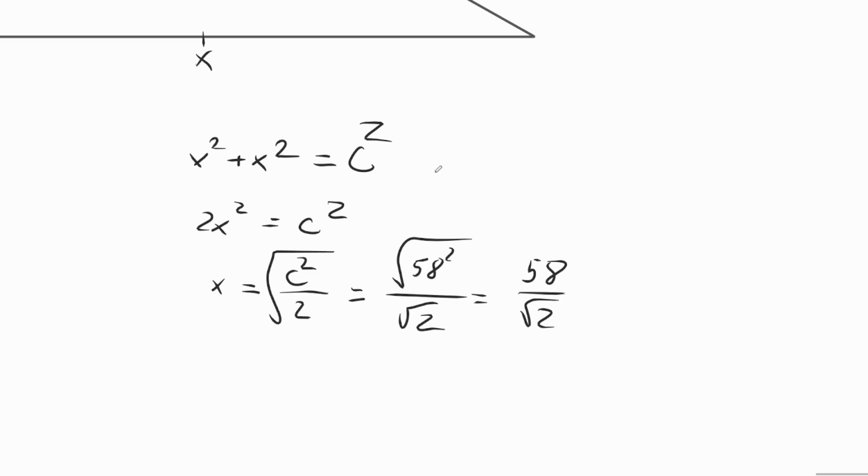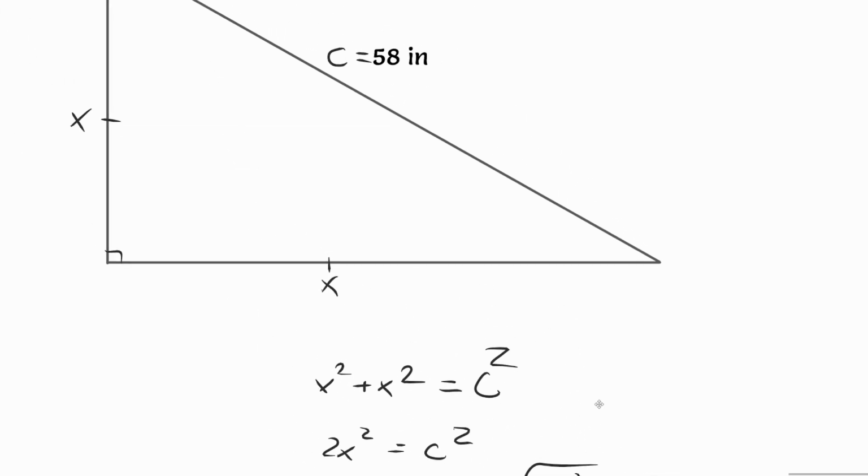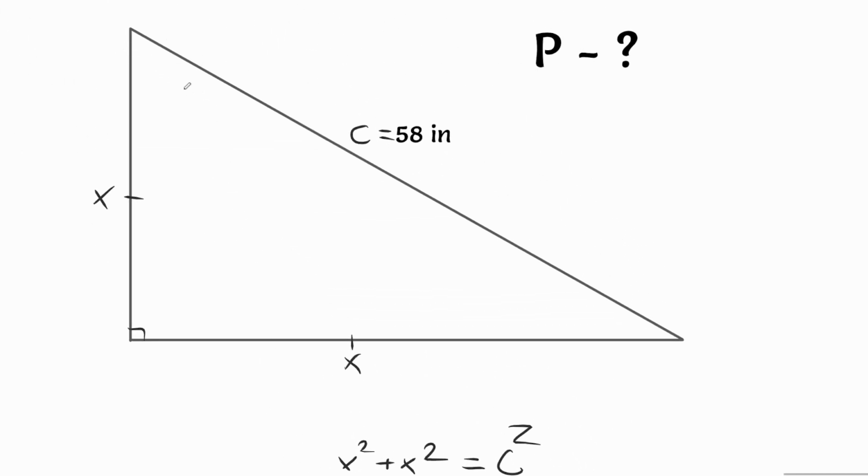So the shortcut would be, if you know that this is a right triangle and you have given the hypotenuse, you know that the side would be equal to hypotenuse divided by root 2. So let's say if we have a simple right triangle with sides 1 and 1, then the hypotenuse would be square root of 2.